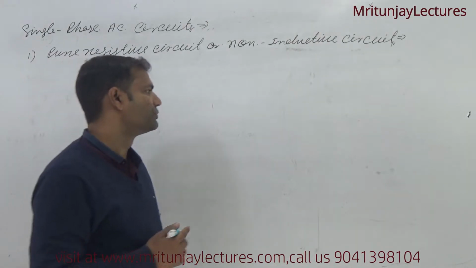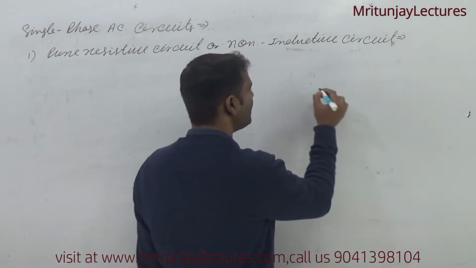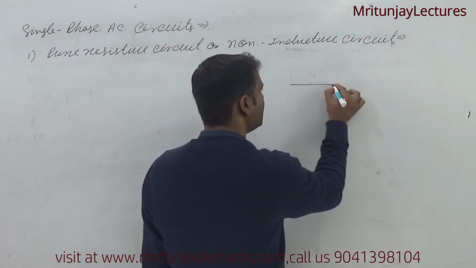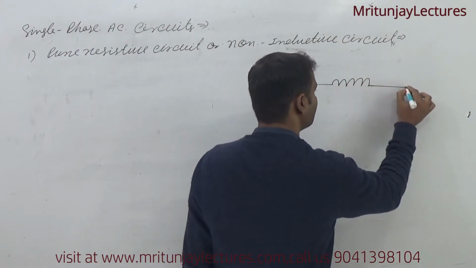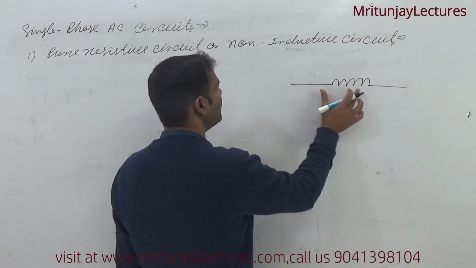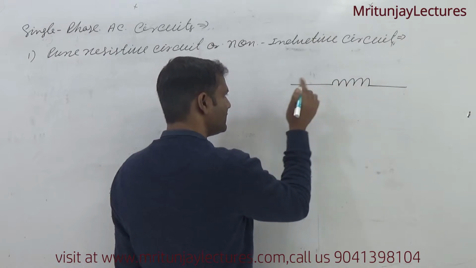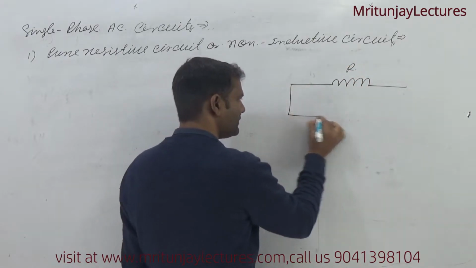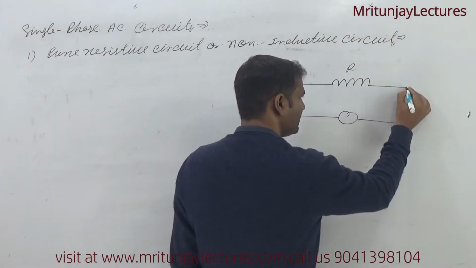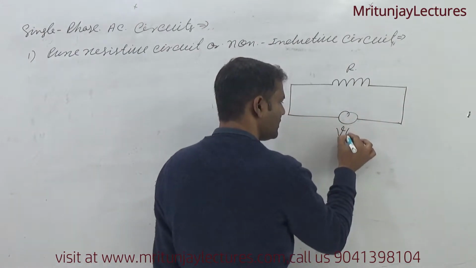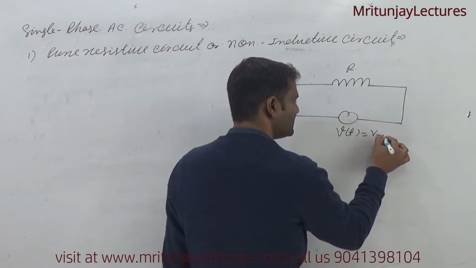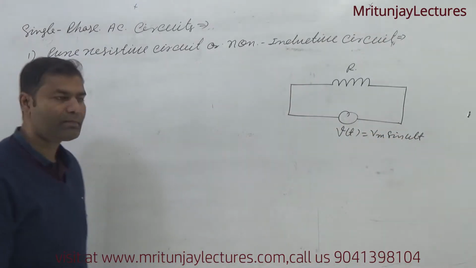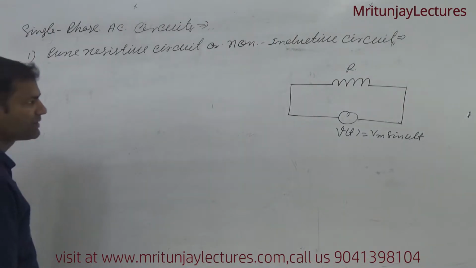Suppose the supply voltage is V equal to Vm sin omega t, and this is a non-inductive element or circuit, like a resistance R. The applied voltage is Vt equal to Vm sin omega t.